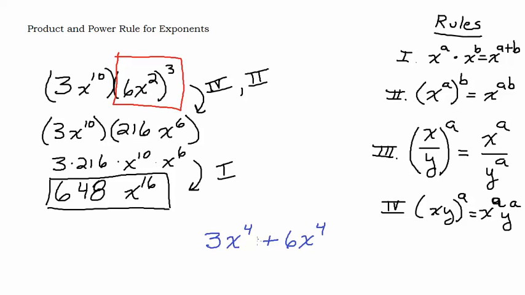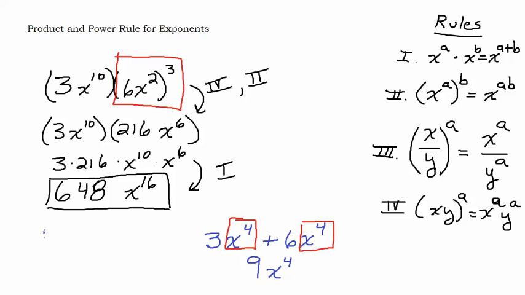So when you have a plus sign and you're combining like terms, remember you're verifying that this variable and exponent part is the same, and when you add those together, you're simply adding the coefficients, and then you're keeping that variable and exponent part the same. It's like 3 cows plus 6 cows is 9 cows. All right, 3x to the fourth plus 6x to the fourth is 9x to the fourth.